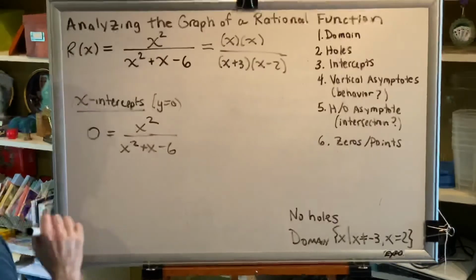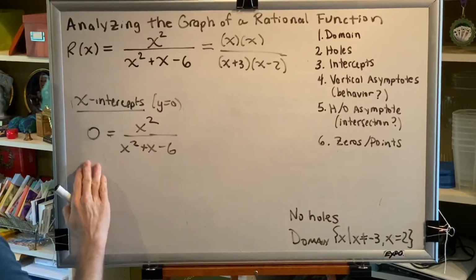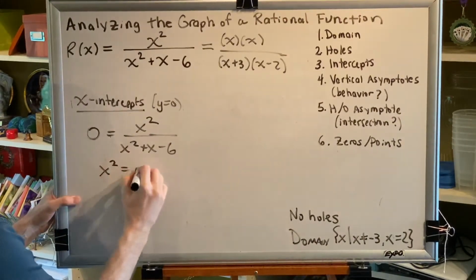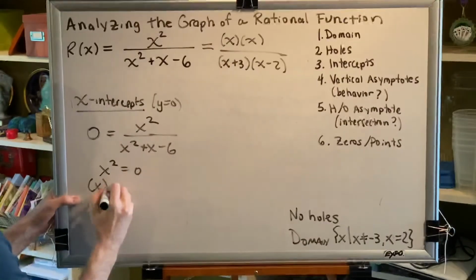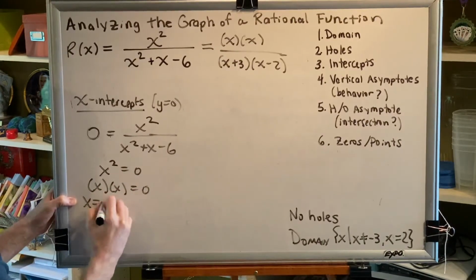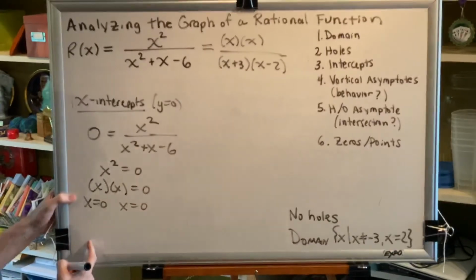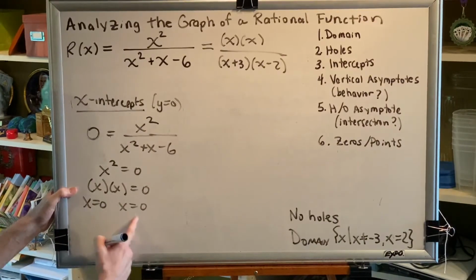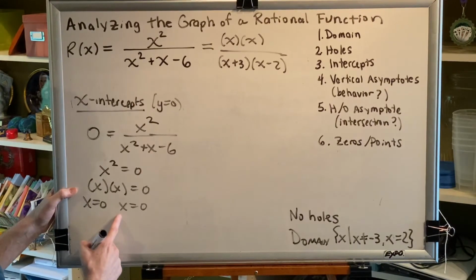Now, the only way a fraction can ever equal 0 is if its numerator equals 0. So this gives us x squared equals 0, or if we prefer x times x equals 0, and by the zero product property we get x equals 0, x equals 0. The reason why I've done it this way is because the multiplicity is going to tell us what happens to the graph at 0.